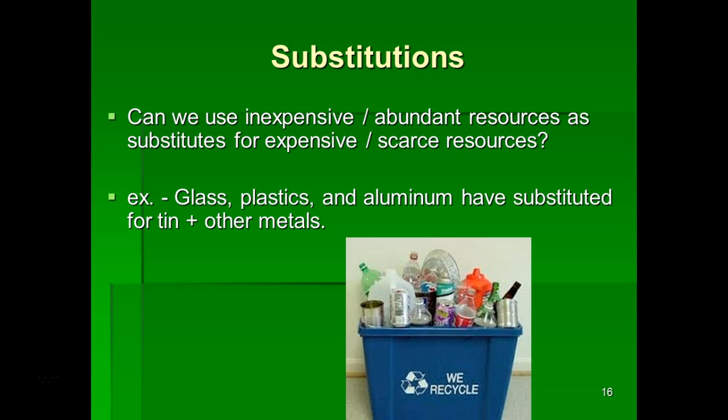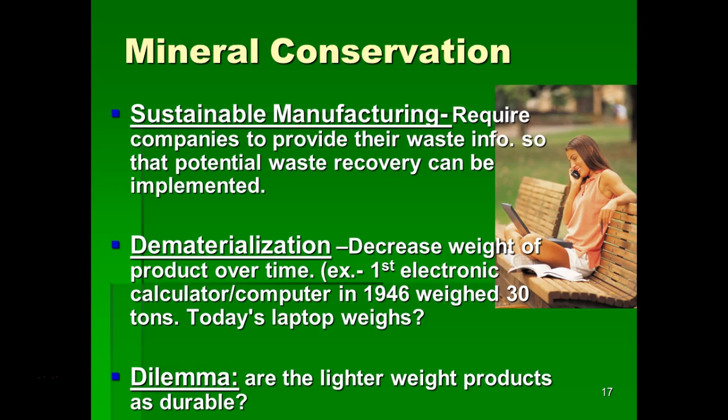There's almost no tin available anymore. And that's where you get tin cans from. Now they're aluminum cans. And glass and plastic. Plastic, though, is a petroleum product. How long will we have that? We don't know. But it's very important to recycle all of these things so that we can use them again and again.